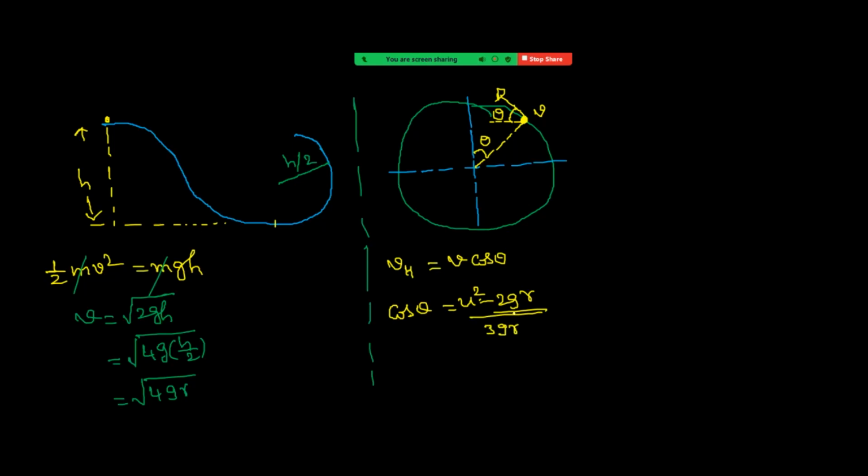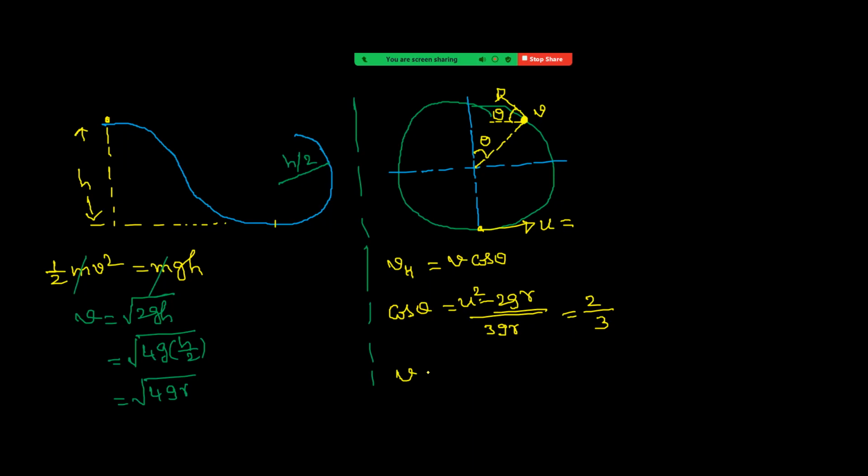You can cross check this in earlier lectures, the discussion of vertical circular motion. In this case, the u value at the bottom is root 4gr. 4gr minus 2gr, that is 2gr by 3gr. It is 2 by 3. So we got cos theta.